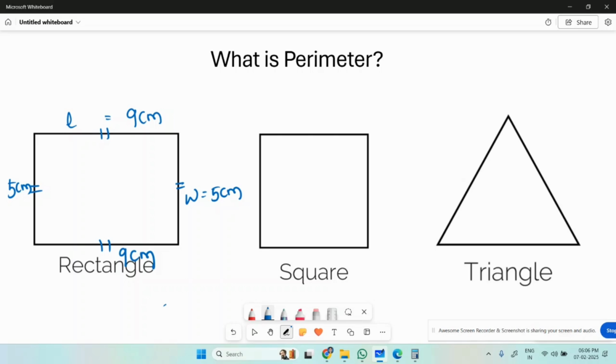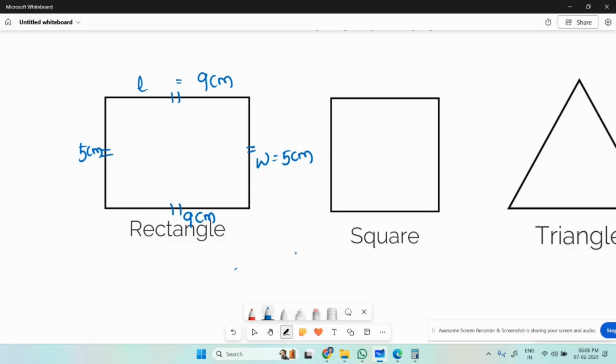Now perimeter means adding all the sides of the shape. Now let's add all the sides. Here 9 plus 9 plus 5 plus 5.